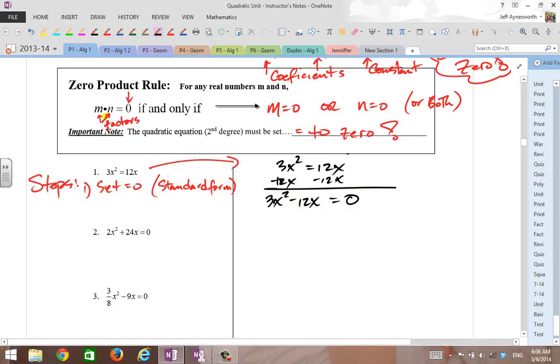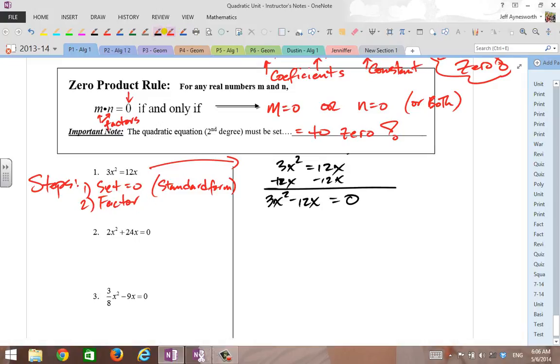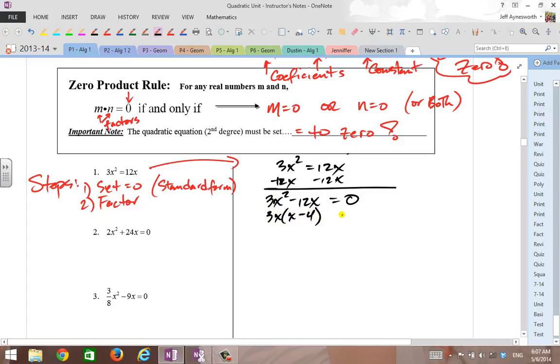We factor it into a factored form, a product. So step 2 is factor. There's different types of factoring, but the general step is to factor into a product. So what we do is what we did in the beginning here, and we factor out the GCF of 3x. So 3x times x minus 4 equals 0.